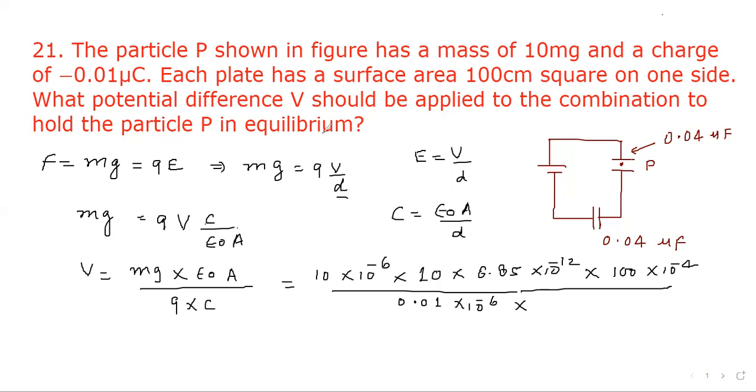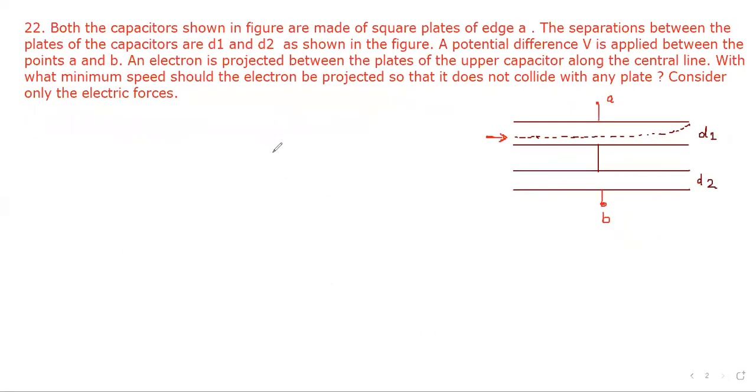Capacitance is given as 0.04 microfarad, so 0.04 times 10 to the power minus 6. If we simplify, we will get V equal to 43 times 10 to the power minus 3, which is our answer. Now, question number 22.